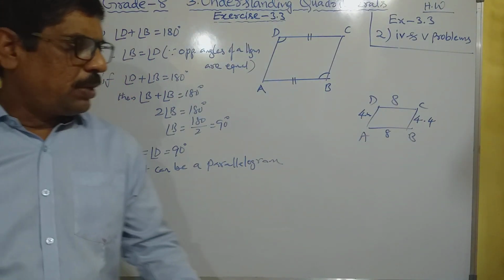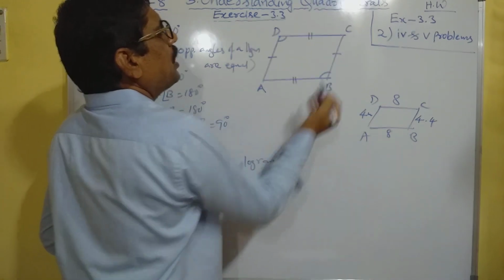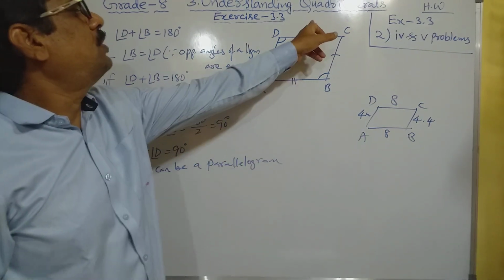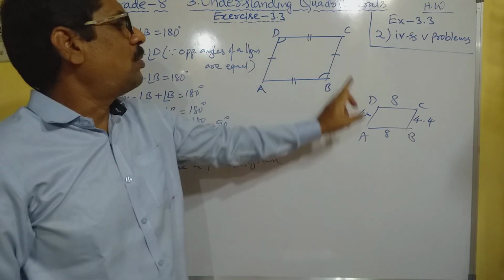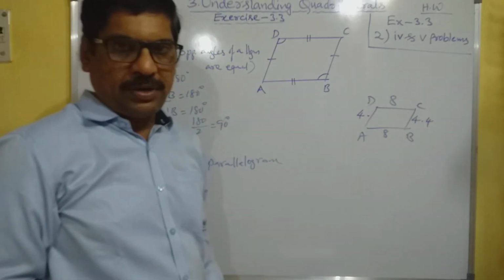No, clearly no. Why? Because we know that in a parallelogram opposite sides must be equal. This side must be equal with this one. Here, 8 and 8 are equal, but 4 and 4.4 are unequal sides.